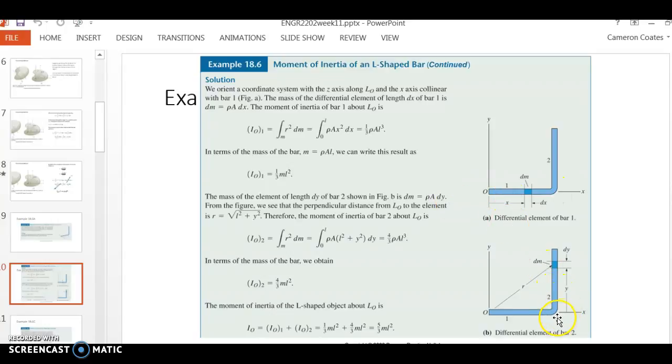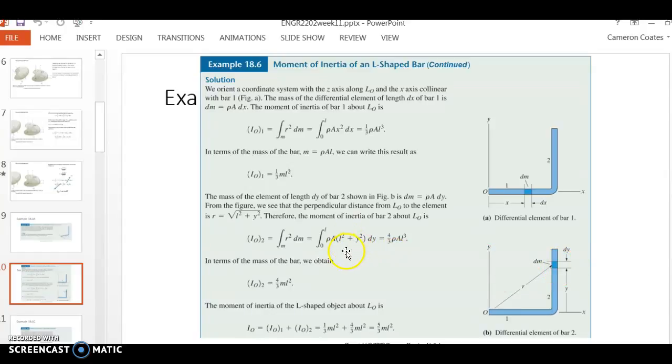Now we can do something very similar for the vertical bar. I have my dm mass element, my dy. I know it's rho A. My dm would be density times volume, and my volume would be A dy, area times elemental length.